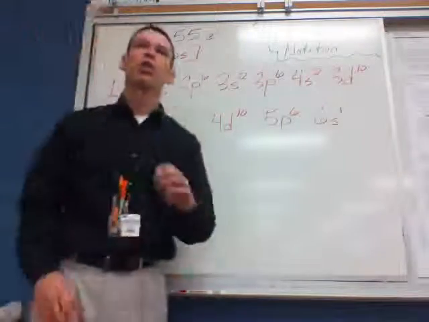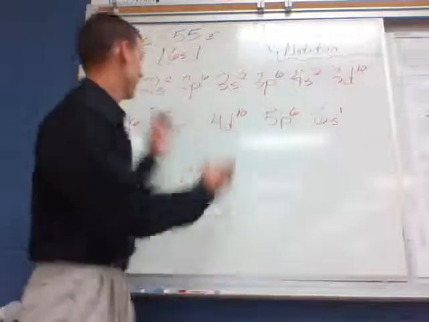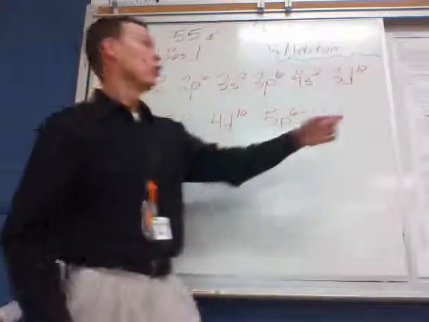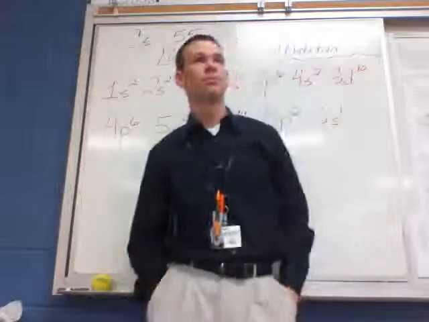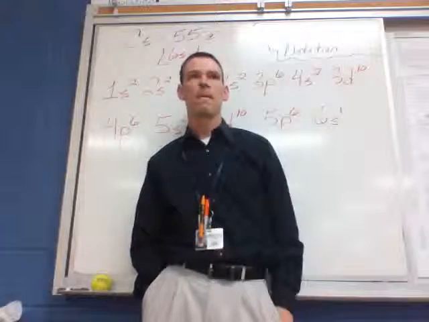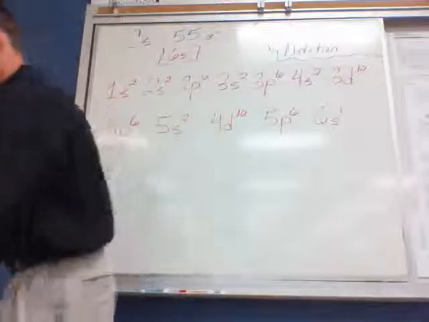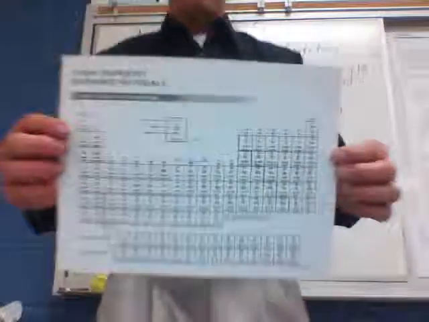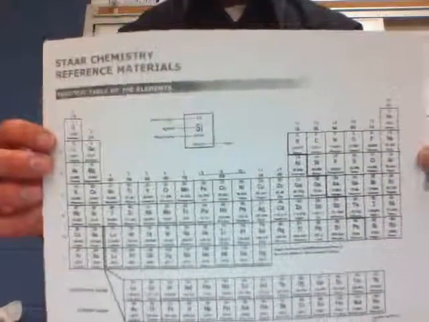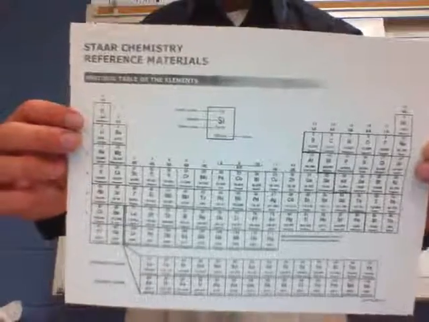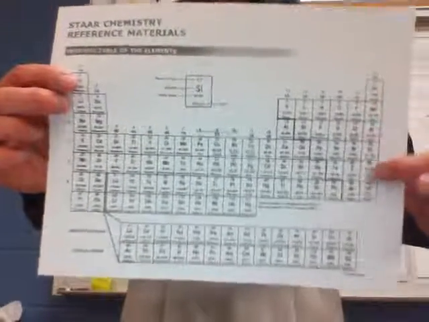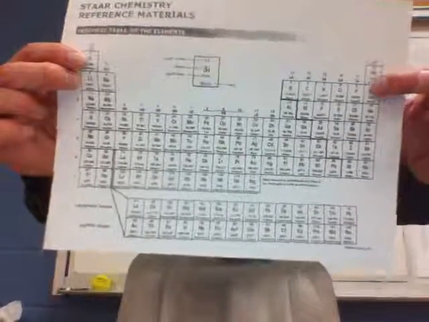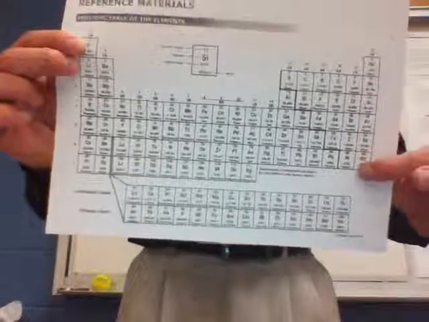But before I can show you how noble gas notation makes this even shorter, I need to show you where the noble gases are. Look at your periodic table. If you go all the way to the very end where you see helium, everybody put your finger on helium and then run your finger straight down that column.